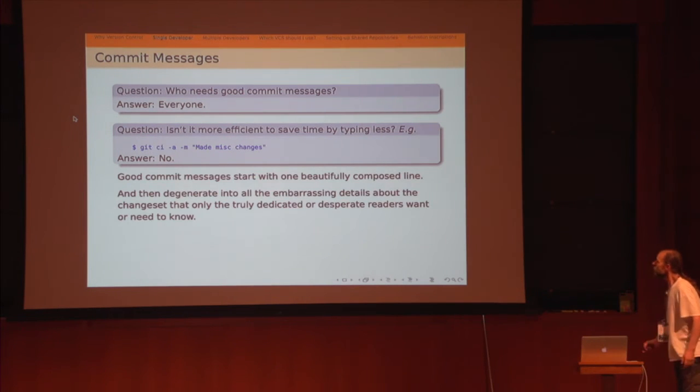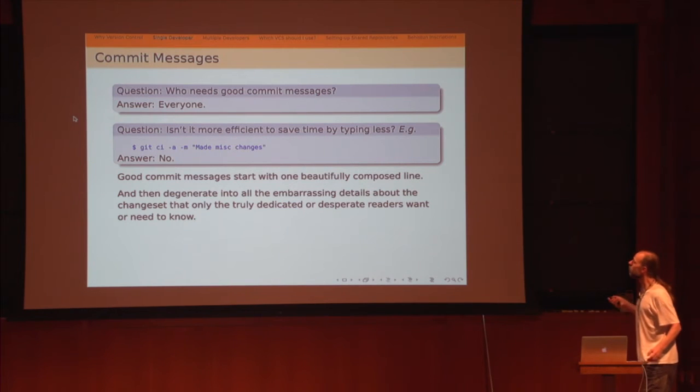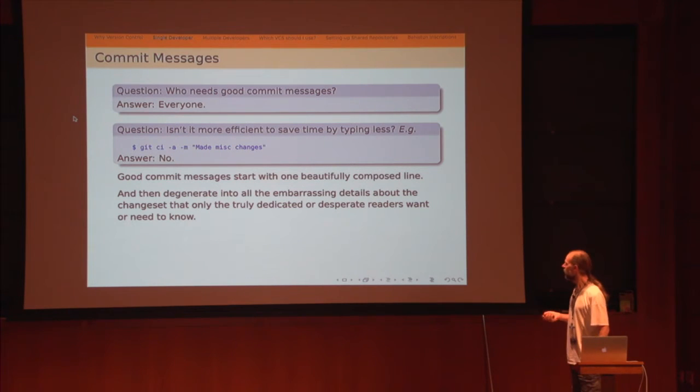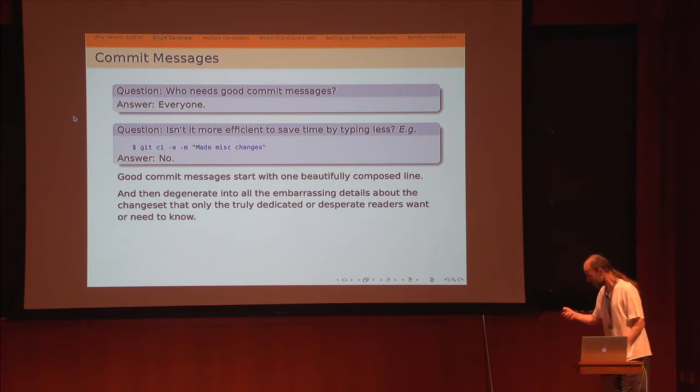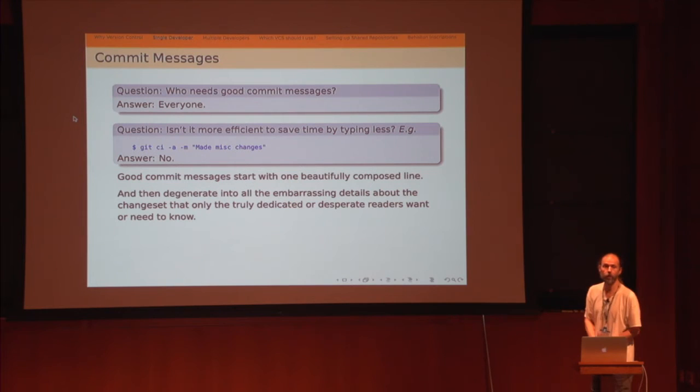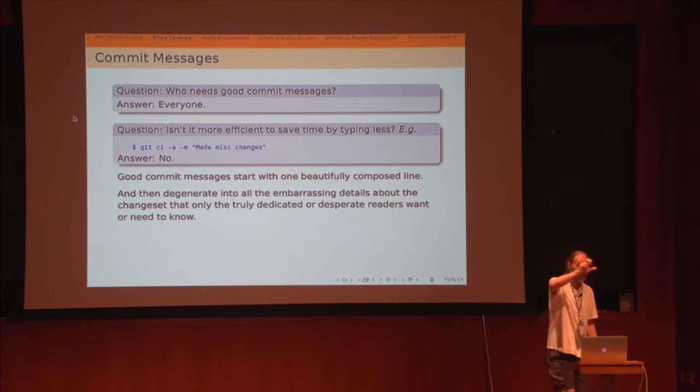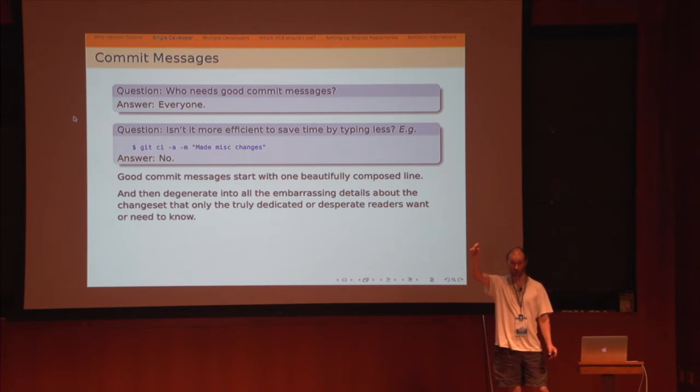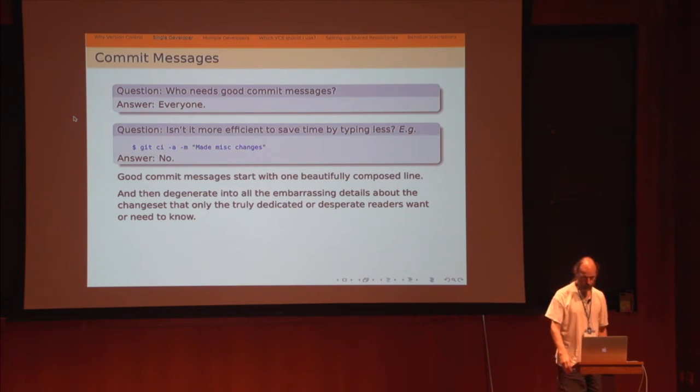So good commit messages start with one beautifully composed line. And then they sort of go into all the details you really don't want to know about. So it's actually moderately important to have one line that's useful. Some of the tooling even supports that. When I was doing git log --oneline, I just wanted the summary that told me what I was interested in. Okay.